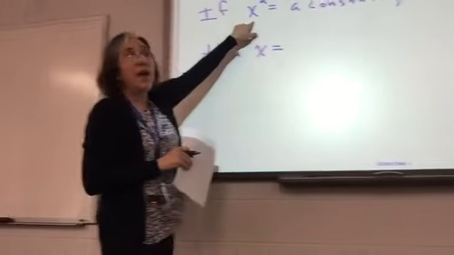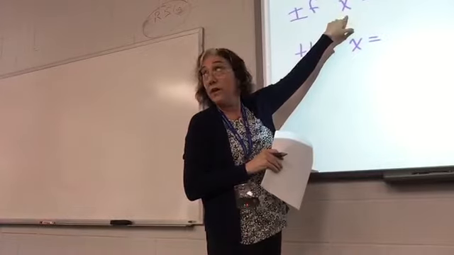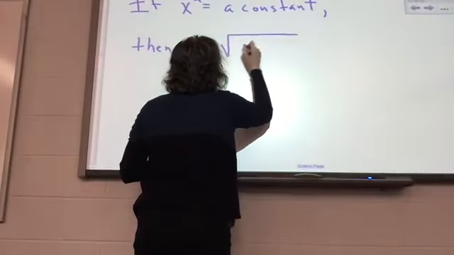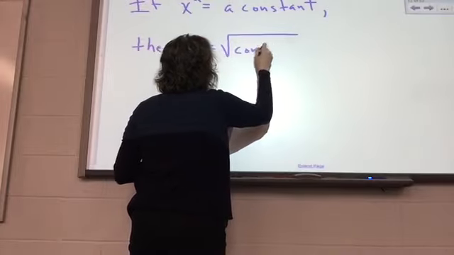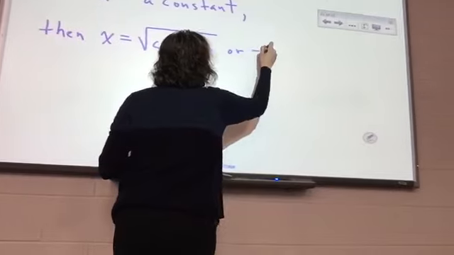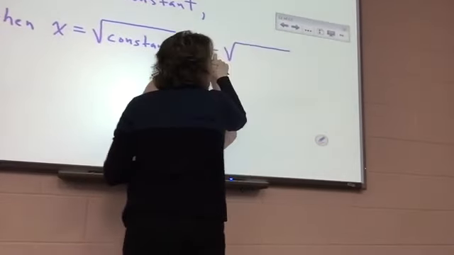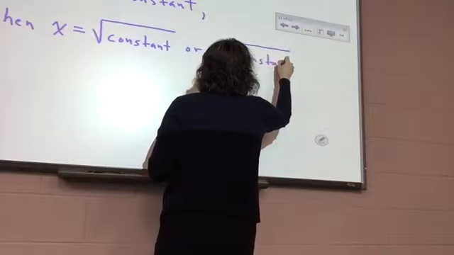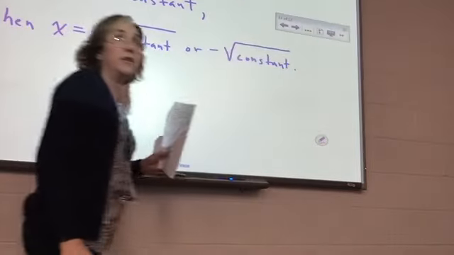is this number x that's being squared is either equal to the square root of the constant number or its opposite. And look where the negative is. It's on the outside. So let's look at one to just understand what that's saying.